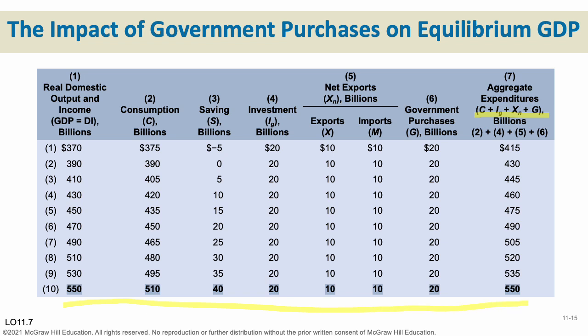At 550, government spending 20, balance of trade 0, investment 20, and consumption 510, so that would be 550, and our output would be 550 as well. So factoring in trade and the government actually raised our equilibrium GDP from where it was before.